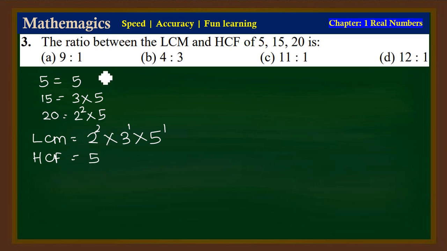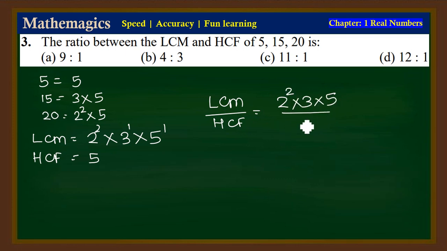Now the question asks for the ratio between the LCM and HCF, so LCM upon HCF. The LCM is 2 to the power 2 multiply 3 multiply 5, and the HCF is 5.